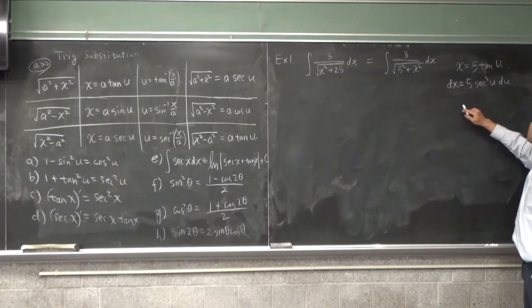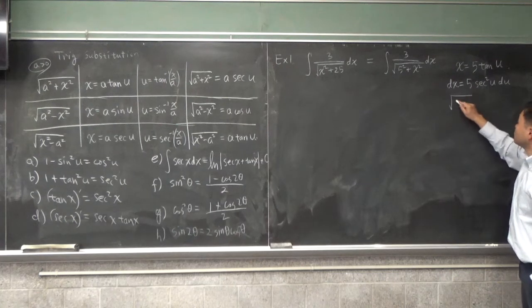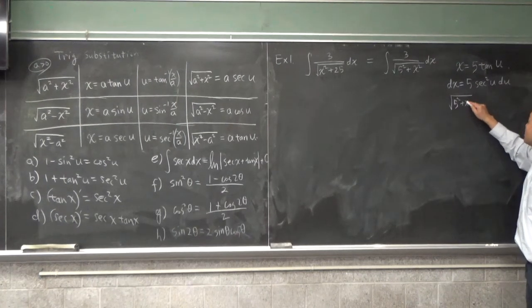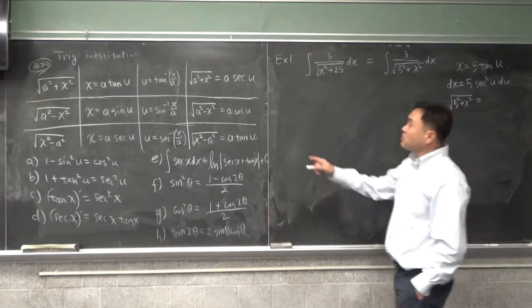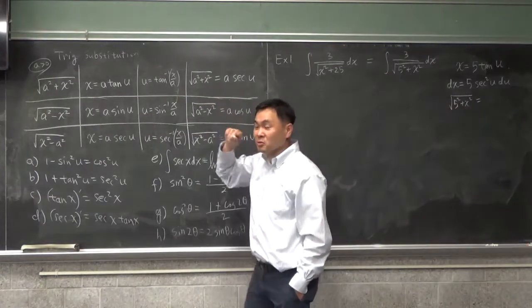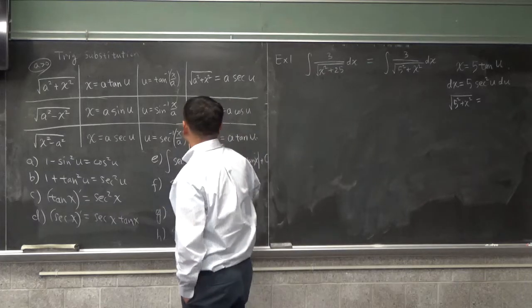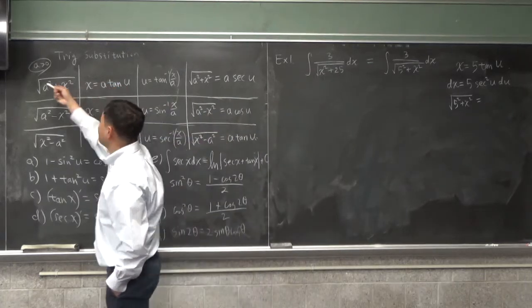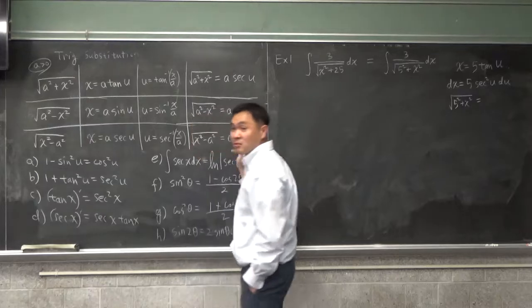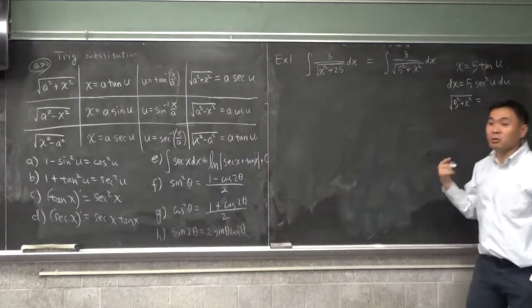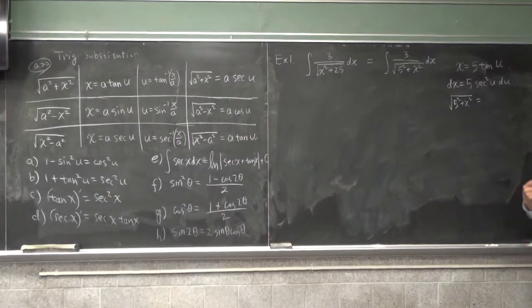And then you also need to know what this transforms it to. I wrote it here so you can just use this, but really you want to take time to plug this into here to get the same thing. If you do that over and over again, it will become much faster.